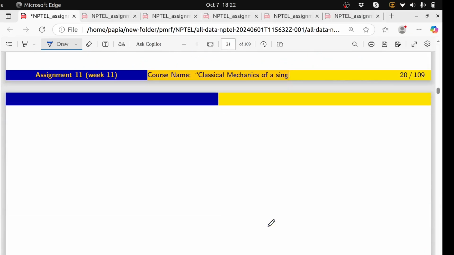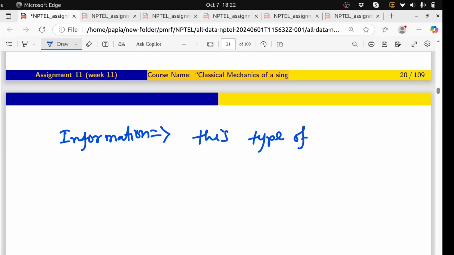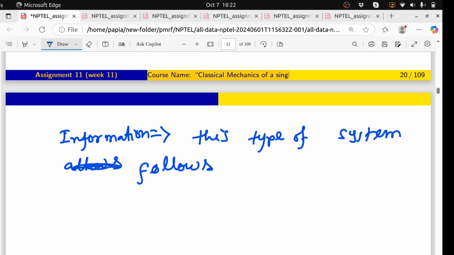Okay, and additional information I can tell is that this type of system follows Hamiltonian dynamics. This is just additional information.